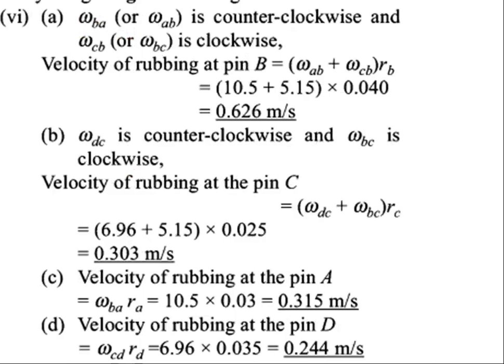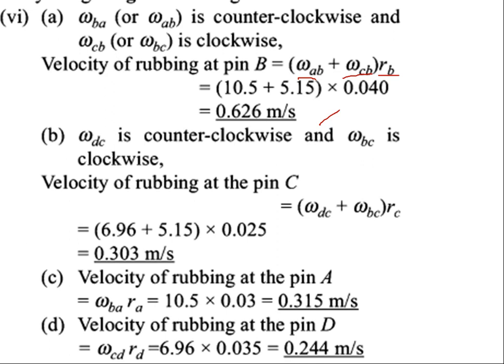So therefore RB is already given, 0.04, taken in meters. So omega AB plus omega CB, if you just add it and multiply with this, you get 0.626. So this is the velocity of rubbing at point B. Similarly, omega DC is counterclockwise and omega BC is clockwise.